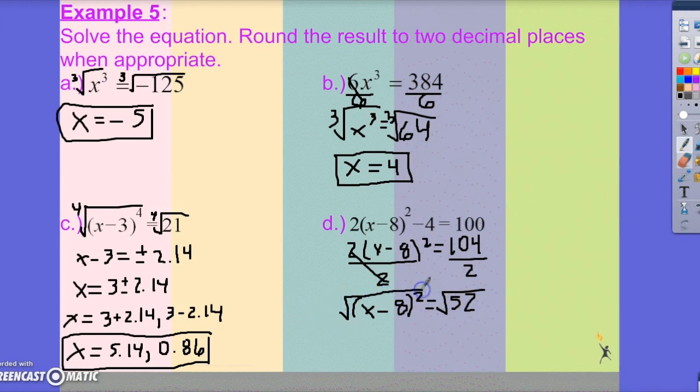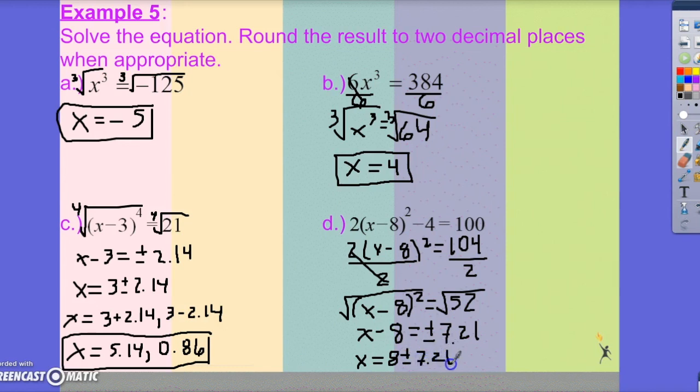Once again, we do not want to FOIL and multiply this out with 2 parentheses. You're not going to be able to solve it nicely. Once again, it's an even root, so we need that plus minus 7.21. -8 comes over as a +8.